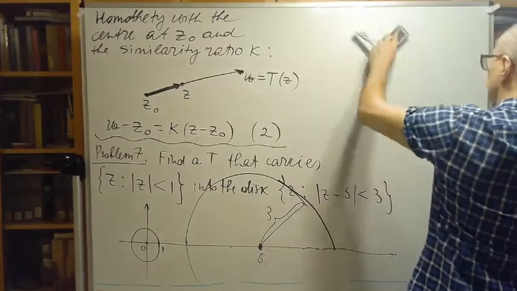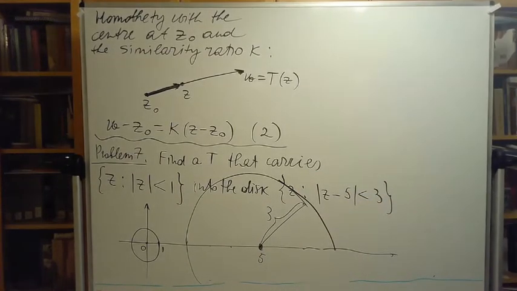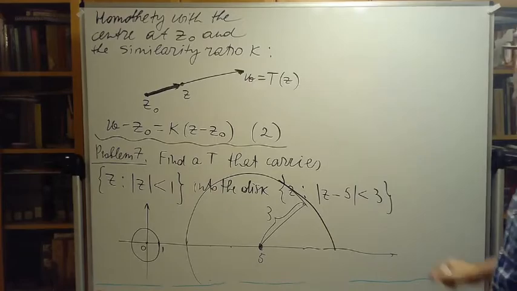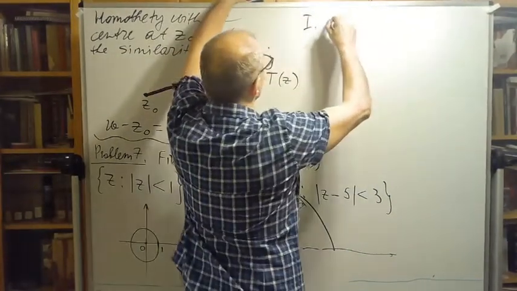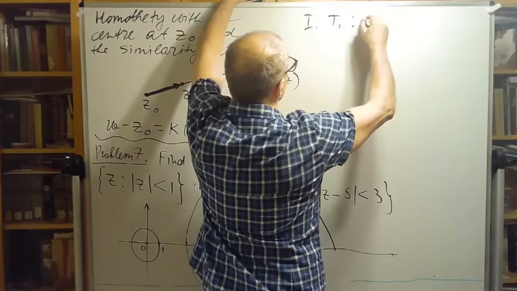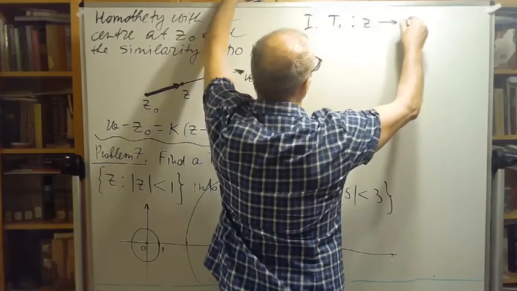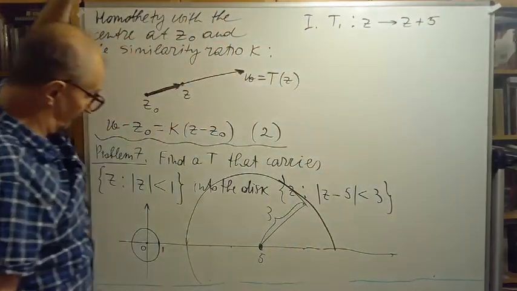So you can do it in 2 steps. Perform a translation, then a homothety, or we can perform a homothety and then a translation. So the first way: we make T1, Z moves into Z plus 5, right?